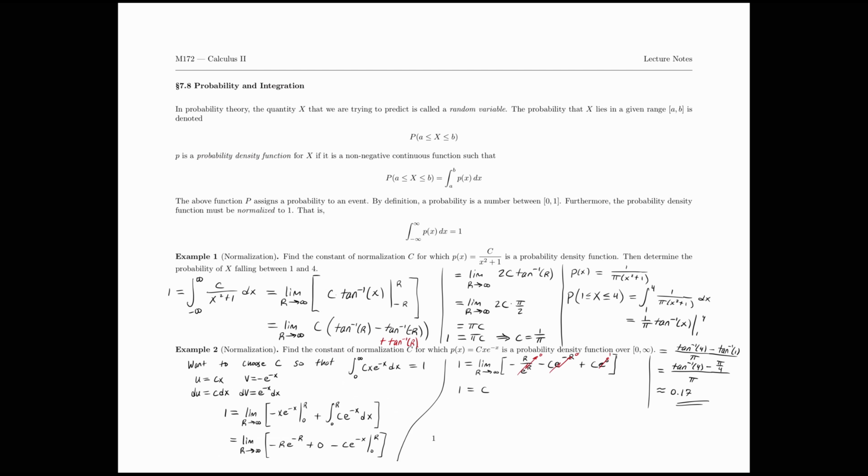So it turns out this function, p of x, x e to the negative x, is a probability density on the interval 0 to infinity. All right.